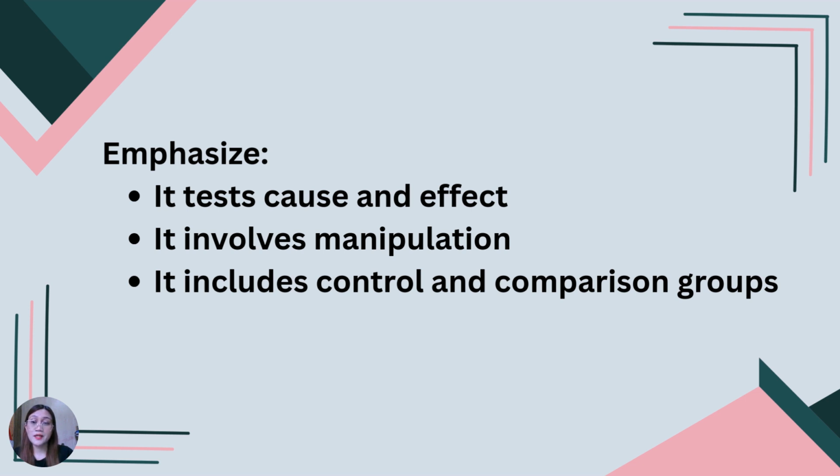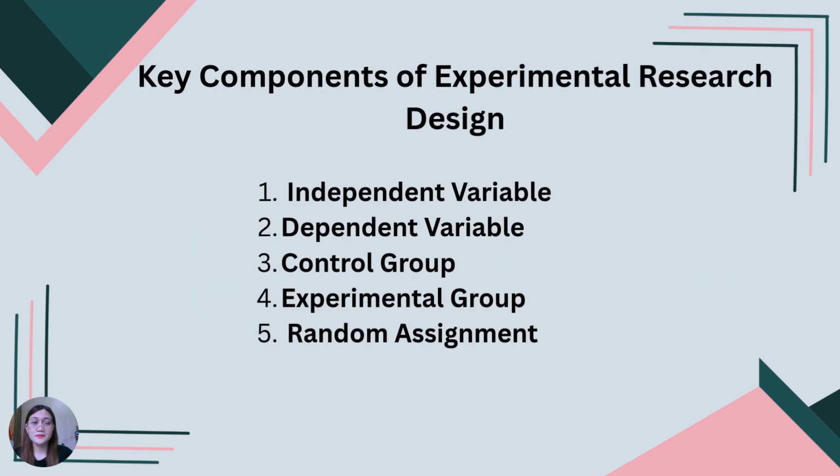For example, if students using a new learning app score higher than students using traditional methods, the difference in scores can be compared. This comparison helps researchers determine whether the treatment truly caused the improvement. Those are the emphases of experimental research.